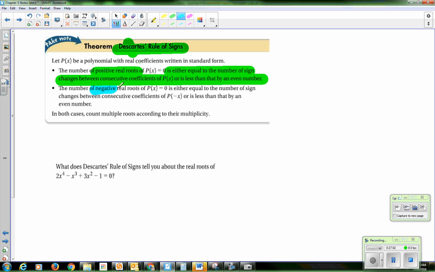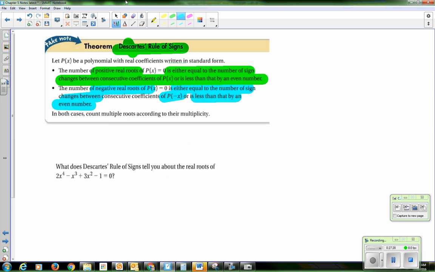The number of negative real roots is either equal to the number of sign changes when you put in negative x, or is less than that by an even number. In both cases, count multiple roots according to their multiplicity.